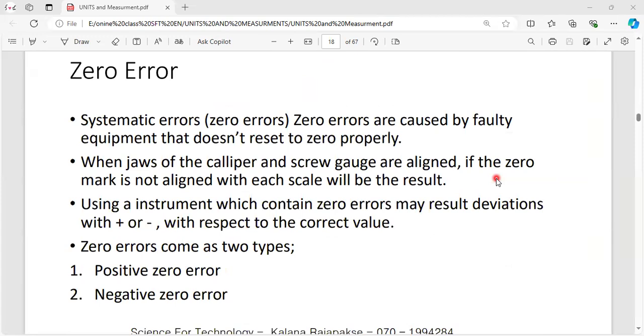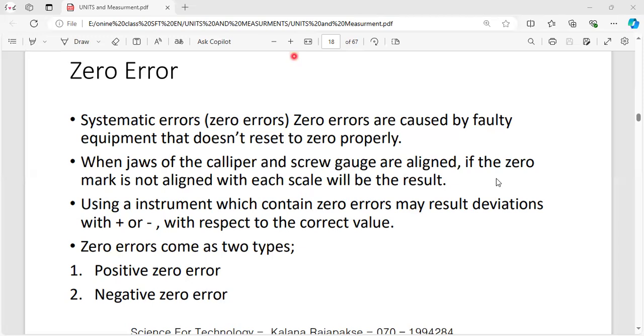And now we can talk about whatever errors you can find. As I said earlier, measurement instruments can have a zero error. Whatever instrument you are dealing with, sometimes they might have certain wear off.